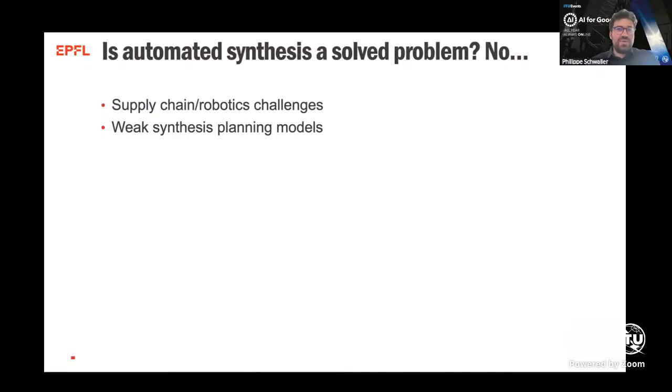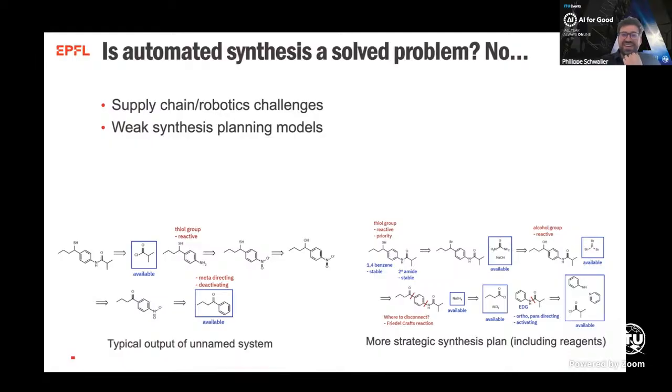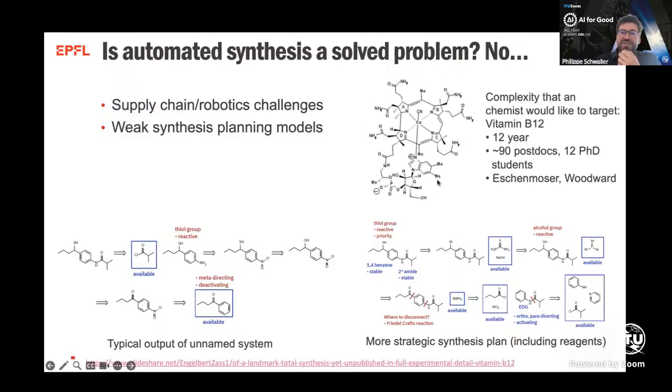The synthesis planning models give some nice results now with this LLM reasoning on top, but plenty of the solutions you get out of the box do not make that much sense for chemists, and we struggled a lot with that in the past years. Things that would be interesting to chemists would be more complexities like that, but we are far, far away from having automated synthesis from something like this.